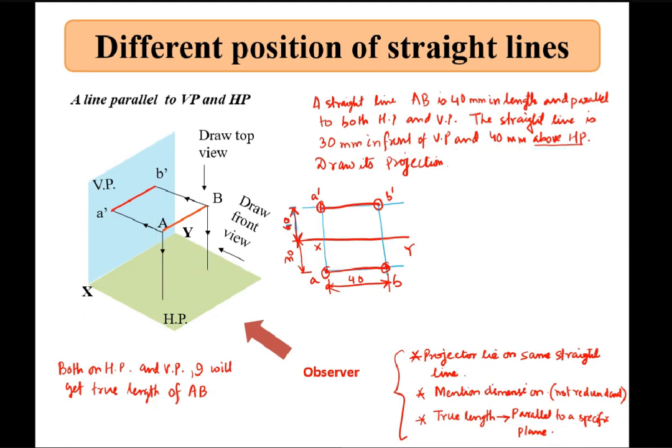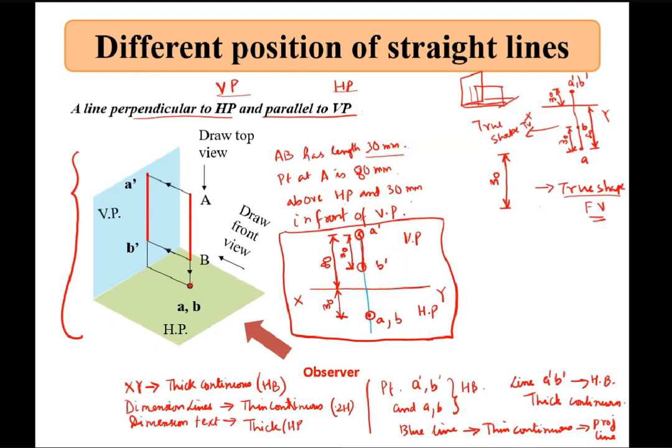Here the line is parallel to the vertical plane, therefore you can find the true length in the vertical plane, whether 30 millimeter, 40 millimeter or 50 millimeter, A dash B dash. You will get the true length. The extension line has been taken and the dimension shown in that way, you have to see. Is that clear?